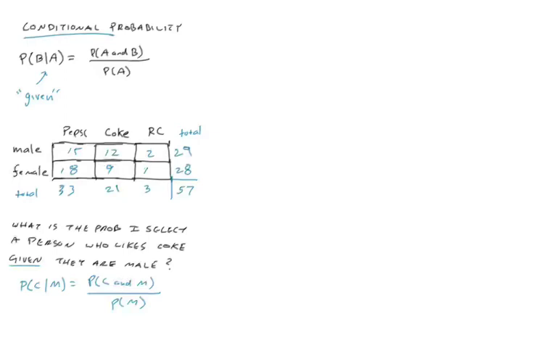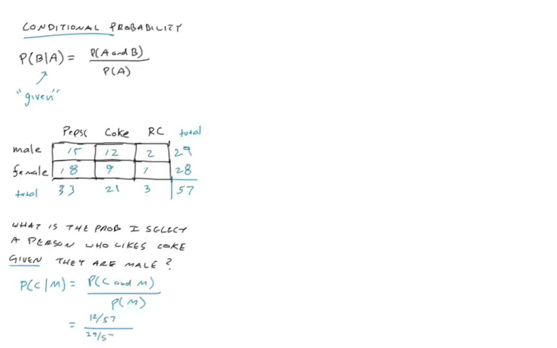Let's look at those two groups, which is going to be 12 out of 57, because we are technically looking at this group here. This 12 overlaps in this case, and it's always a probability out of the grand total. Then over the probability that they are male.